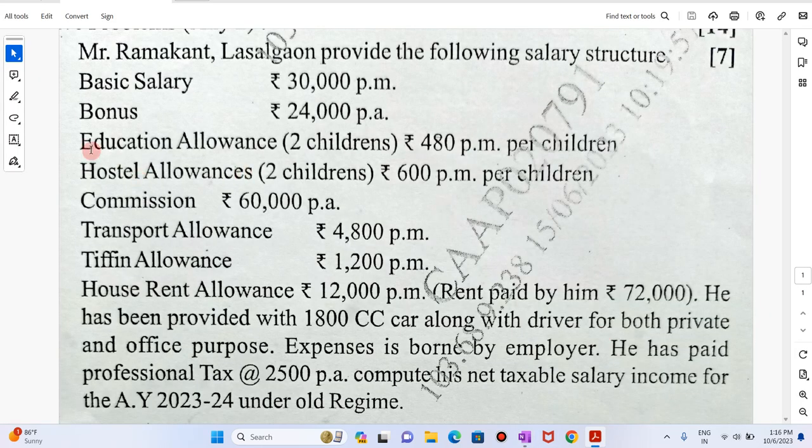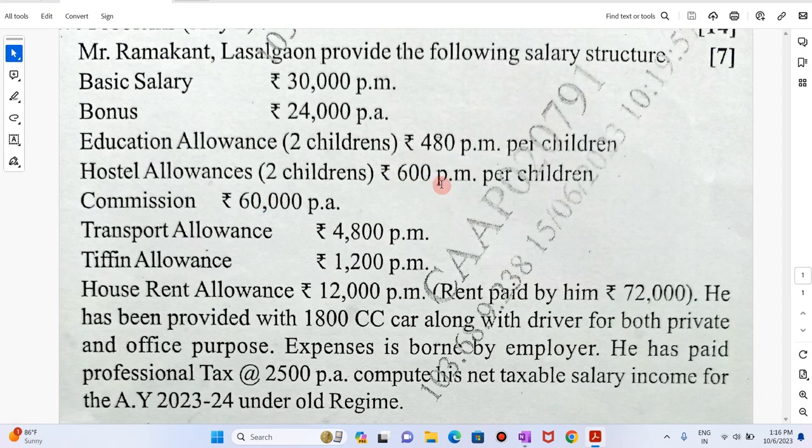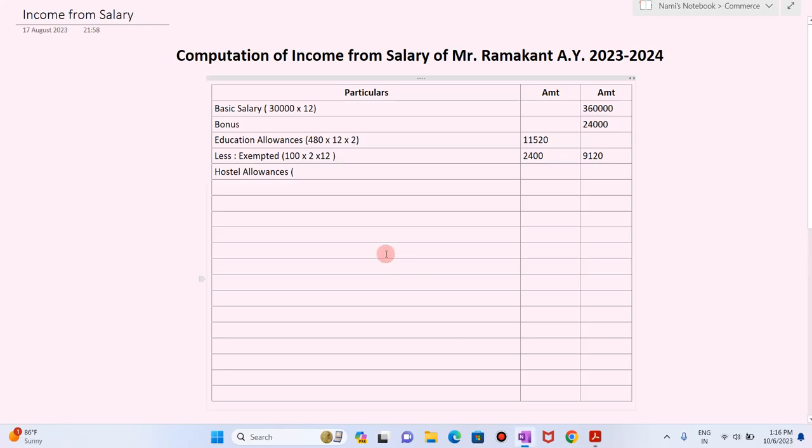Now, after education allowances, next is hostel allowances. Hostel allowances for two children, for per child rupees 600 is there per month. So hostel allowances for per child exempted amount is 300 rupees. So we have to write hostel allowances. How much it is given? 600 per month per child.